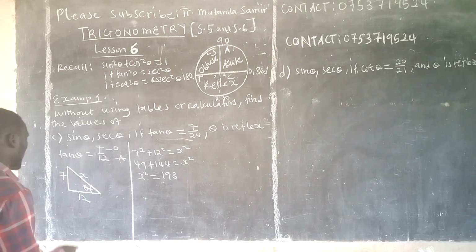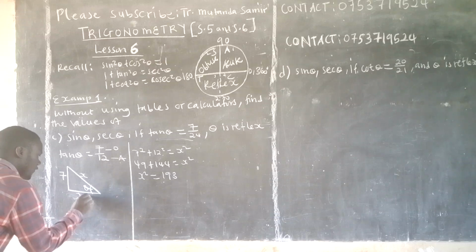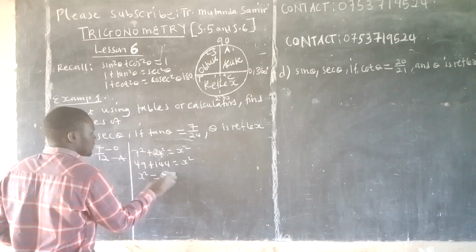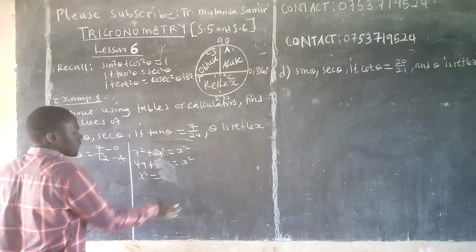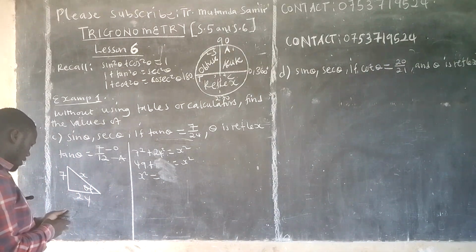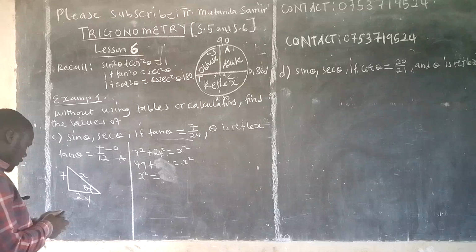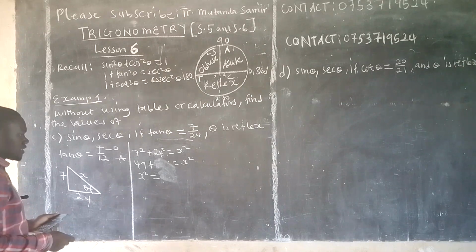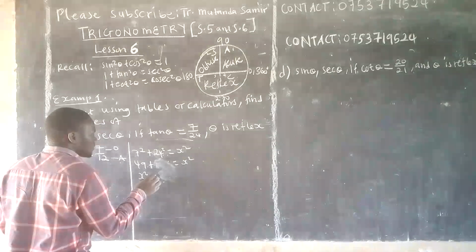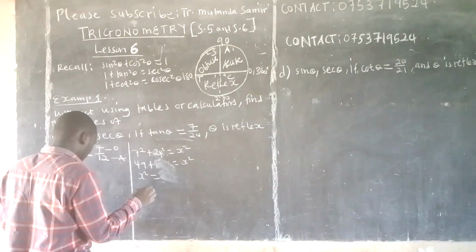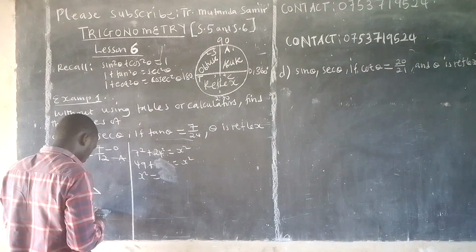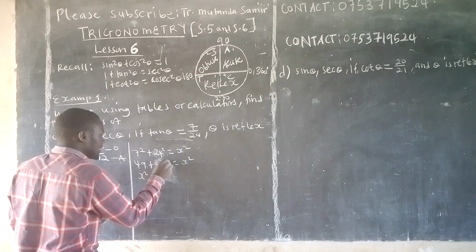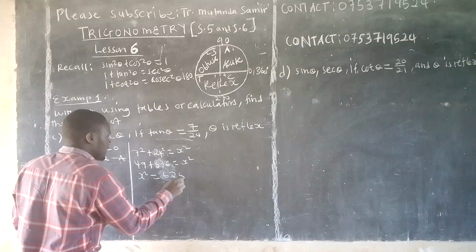Oh, sorry, this was a 24. This was a 24, so let's change that. 24 squared, of course this one will change, even this will change. Sorry for that, so this will be 24 squared plus 49 will be 625. Okay, 625. 24 squared is 576, so it will be 625.